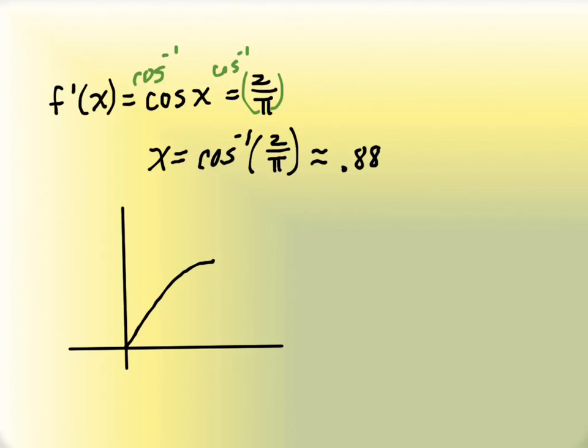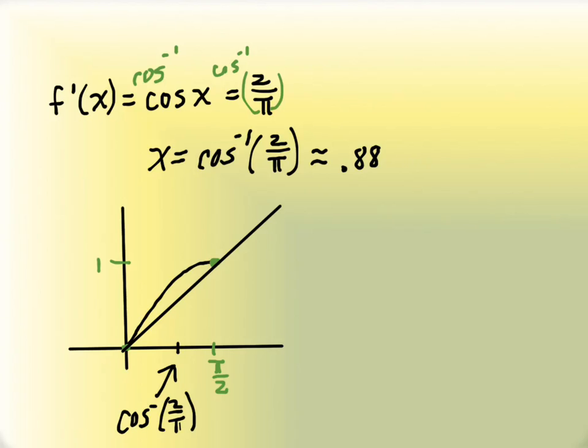It's not a very exciting graph, that portion of it, right? It doesn't really look like sine even. But it's supposed to start at 0. It's supposed to end at the x value of pi halves, which is a y value of 1. And what this is saying is that if I were to draw the secant line, the slope line, between these, somewhere about halfway between, it's not exact, but this location is the inverse cosine of 2 over pi, roughly 0.88, which would be about right here.